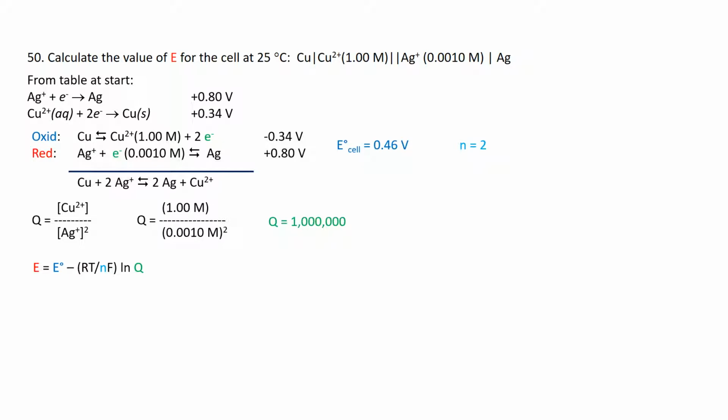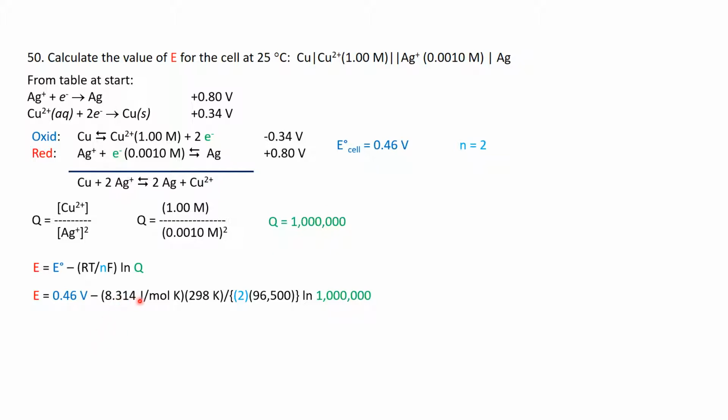Now we've got all those, we can plug them into our beautiful, gorgeous Nernst equation. There it is. E, the potential at non-standard conditions, is equal to E0, the potential at standard conditions, which we can get by a consideration of the standard reduction potentials, is 0.46.